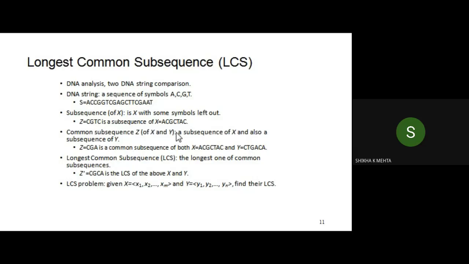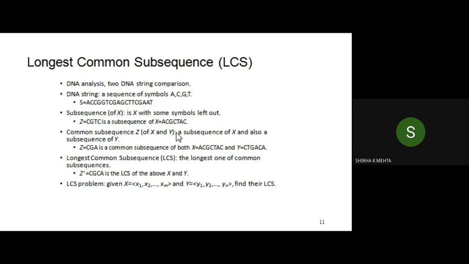When we refer to a subsequence, that doesn't mean that all these characters should be consecutive to each other. The only thing that we require is, say S is a sequence of characters of ACGT.